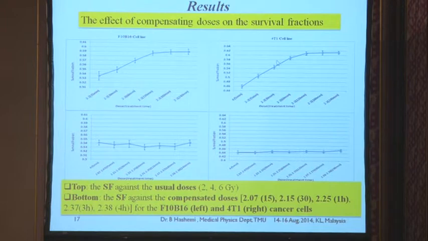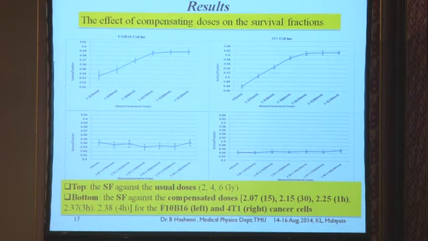This slide shows very significantly the effect of implementing the compensating doses that we calculated from dose complex equation by determining dose factors. As you see, the top curves show the normal procedure that is routinely used nowadays at hospitals.